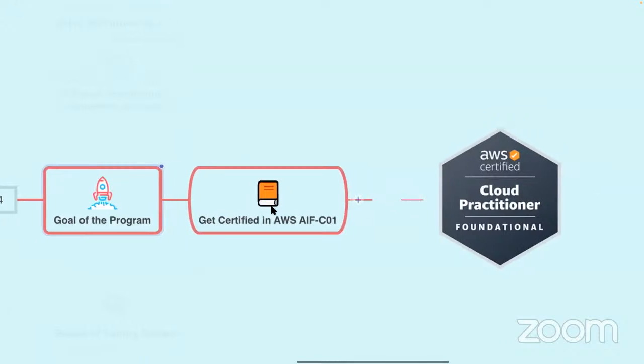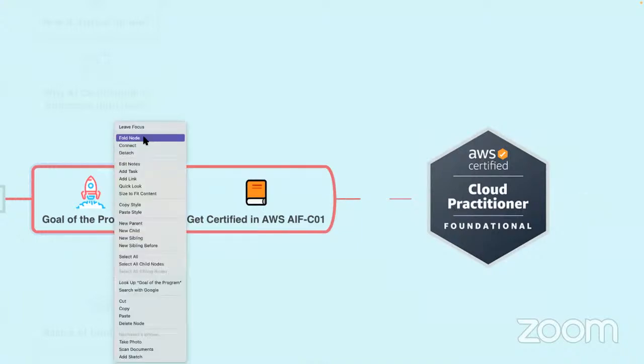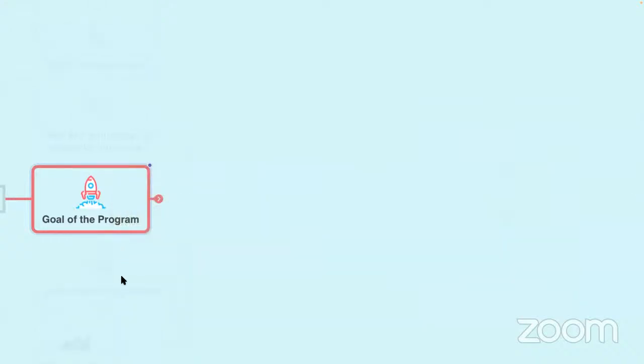All our learning and discussion will be surrounding this topic, specifically for you to clear the certification. So we'll be focusing on certificate-relevant preparation rather than going into the general aspects of generative AI or implementing or deploying the model. That's the goal of this program.